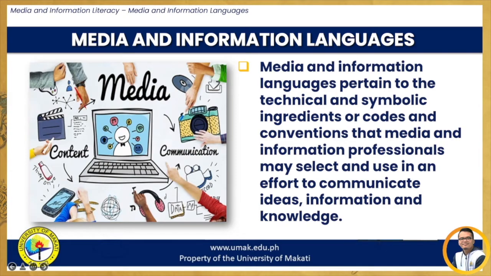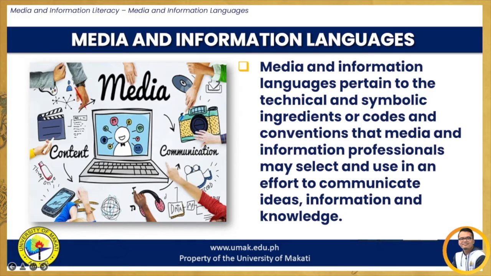Each medium has its own language or grammar that works to convey meaning in a unique way. Language in this sense means the technical and symbolic ingredients or codes and conventions that media and information professionals may select and use in an effort to communicate ideas, information, and knowledge.